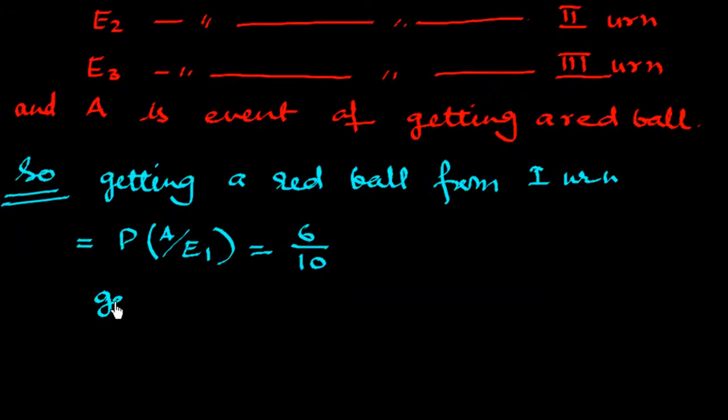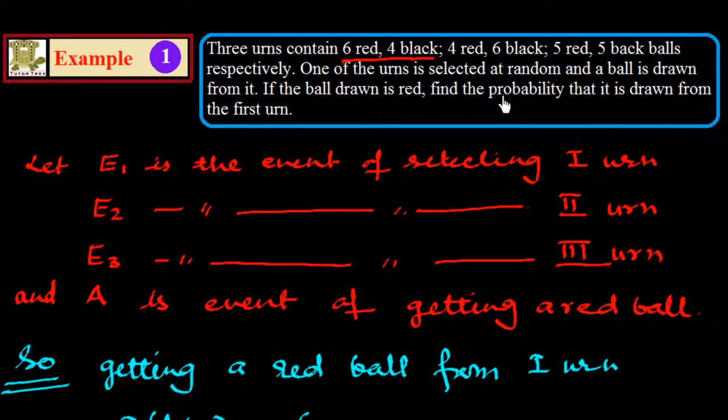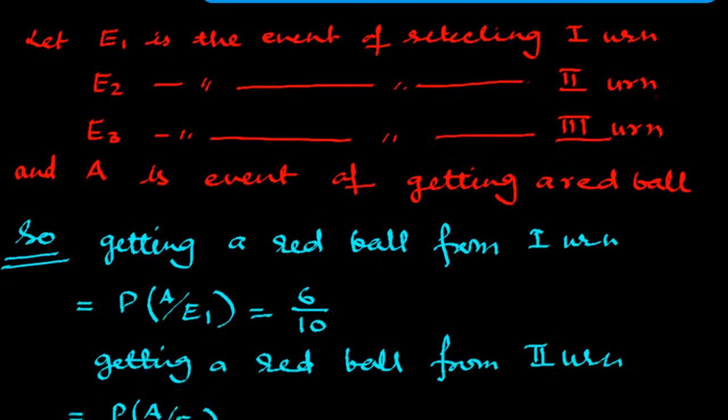Now, getting a red ball from the second urn is equal to P of A given E2. In the second urn there are 4 red balls and 6 black balls. The total number of balls is 10 and the red balls are 4, so we write 4 over 10.